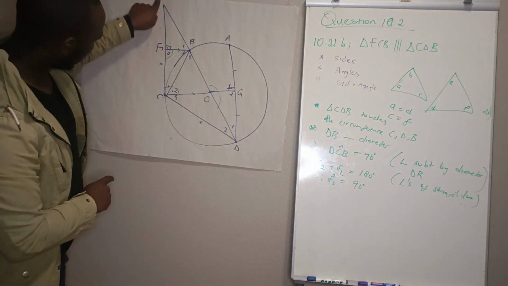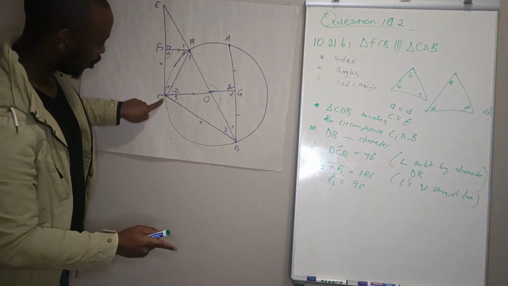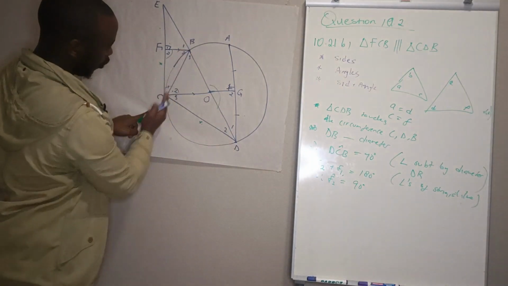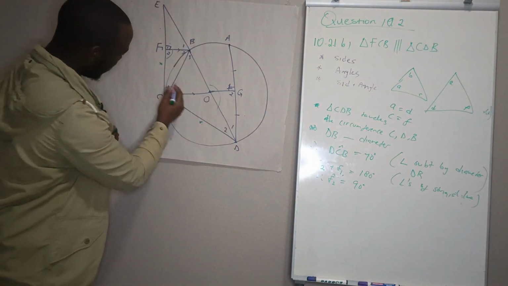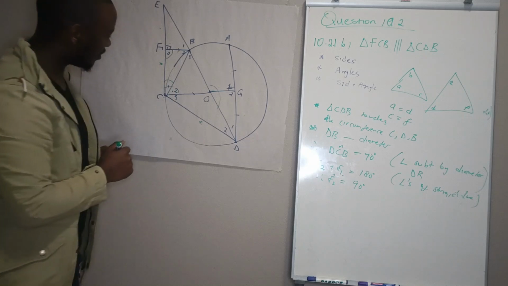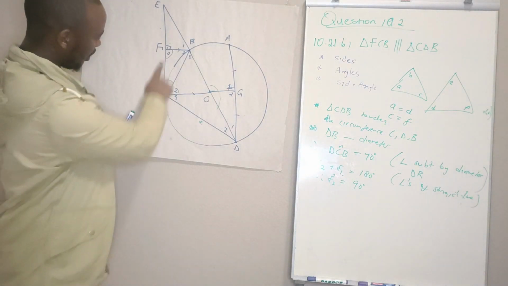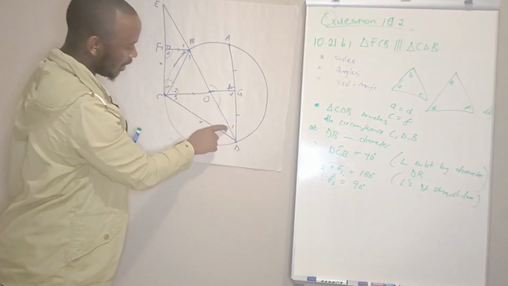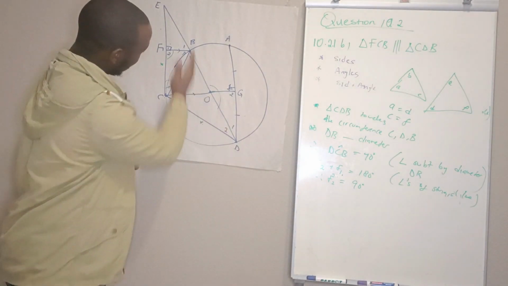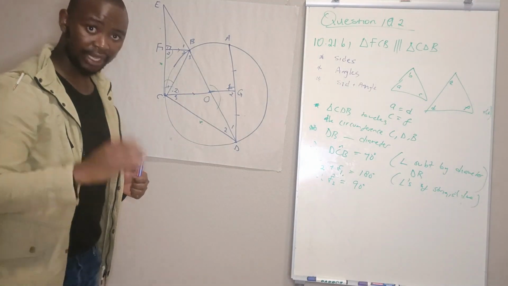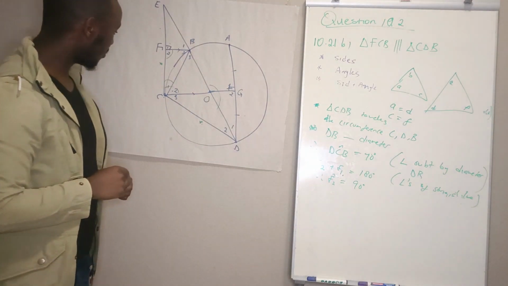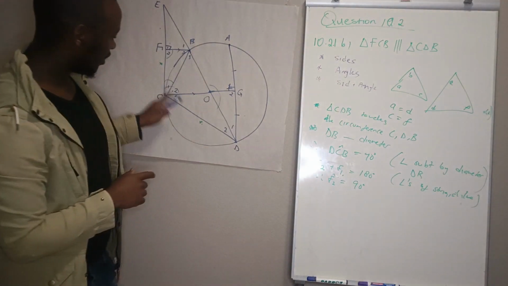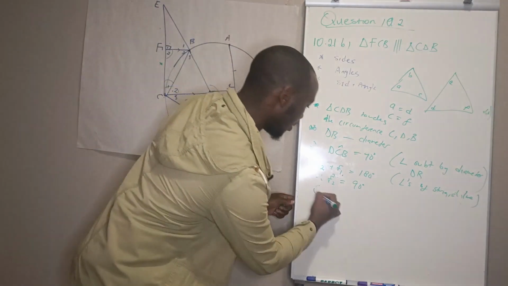So tan, that's the tan. Which chord is this? This is the chord. So we have that the angle between the tangent and that chord is equal to the opposite angle of the triangle that is subtended by the same chord. That is the theorem. Okay, C1 is equal to D2.